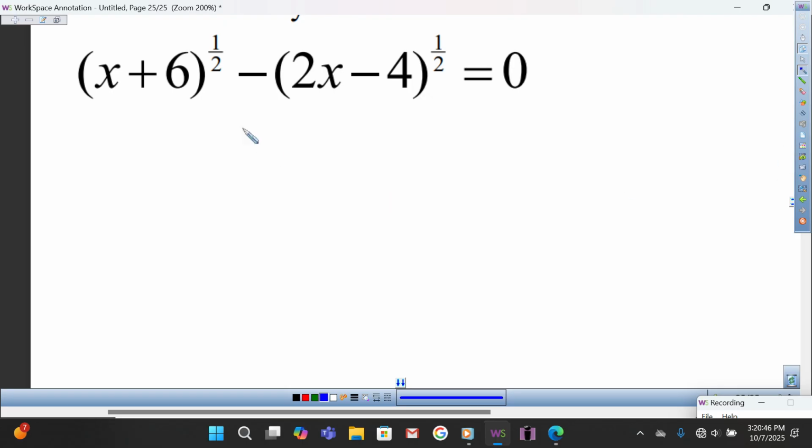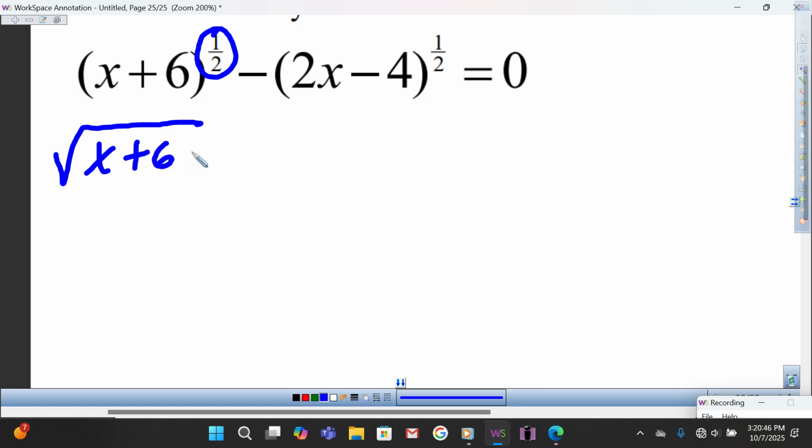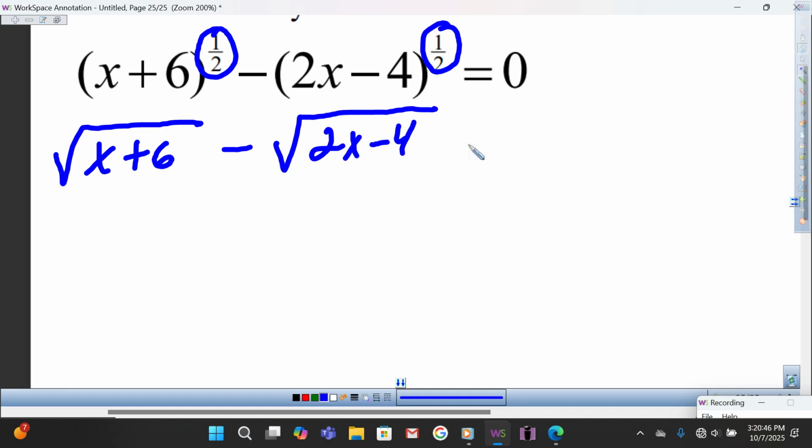Y'all ready? Tell your neighbor what this 1/2 power becomes. Let's go. Square roots. Bring down the minus. And of course, this 1/2 power also becomes square root 2x minus 4. All right? Next. Here goes the tricky part for this one. Let's get rid of this negative square root right here.